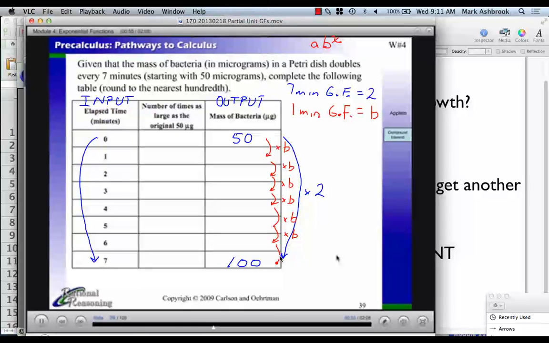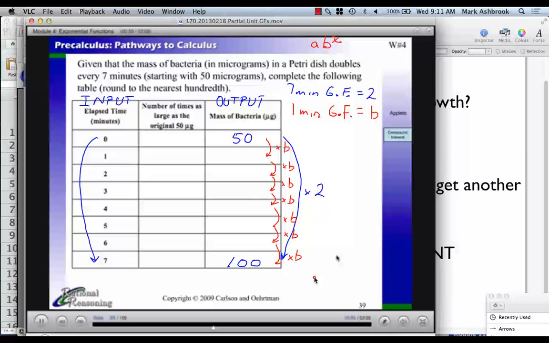And so when you're doing homework in this whole module, every problem that you do, you're looking for the growth factor. You're looking for repeated multiplication of the growth factor, even if they don't ask for it. Just take the initiative to be creative and ask yourself, how does this fit into the big picture? Instead of, how do I get an answer to this problem so I can get the homework done?